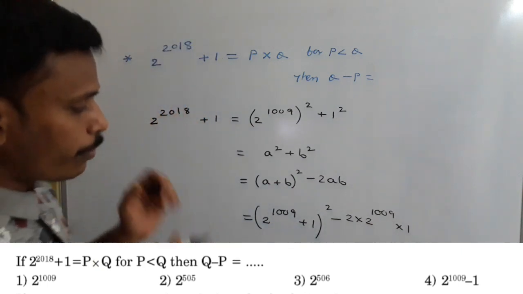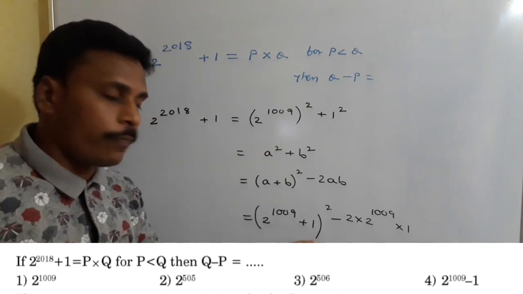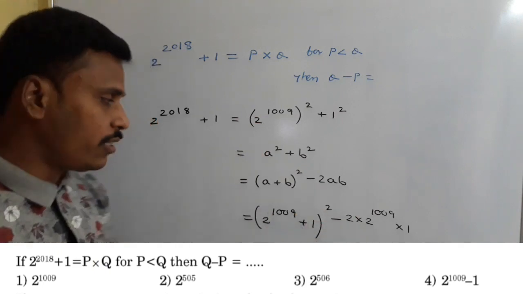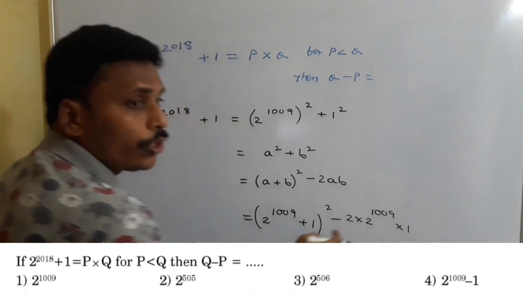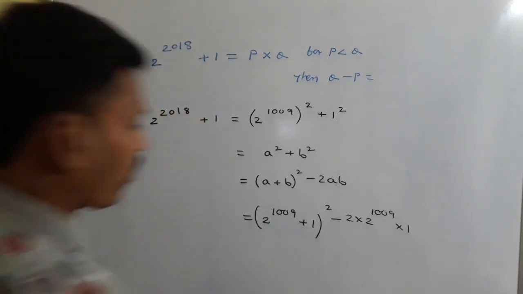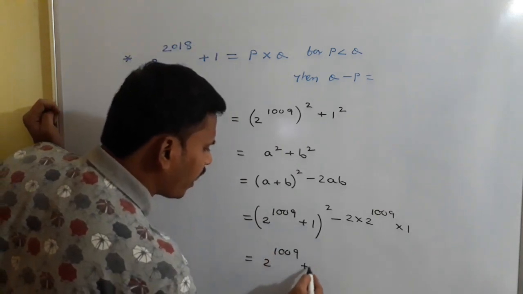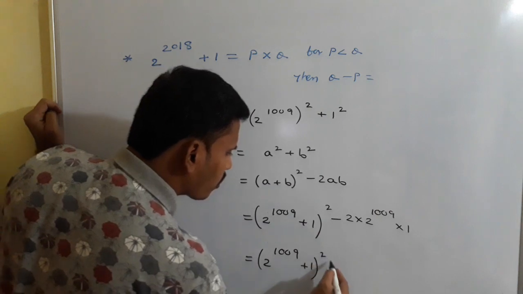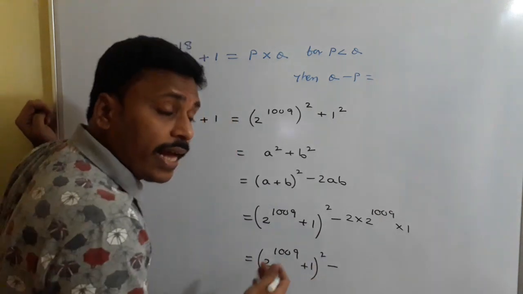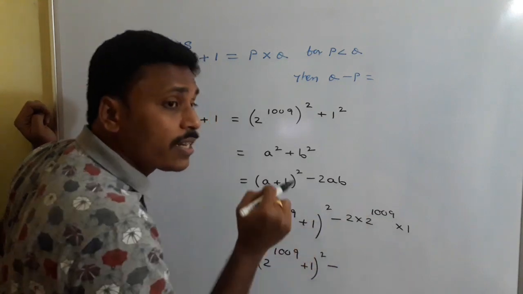Everybody okay, just pay attention here. A is 2 power 1009, b is 1, so (a plus b) whole square minus this. And now if you look here, 2 into 2 power 1009 is nothing but 2 power 1010, right? So this is equal to (2 power 1009 plus 1) whole square minus 2 power 1010.